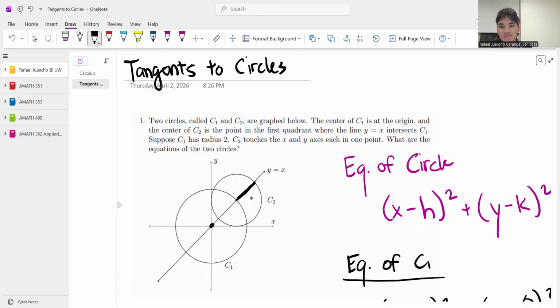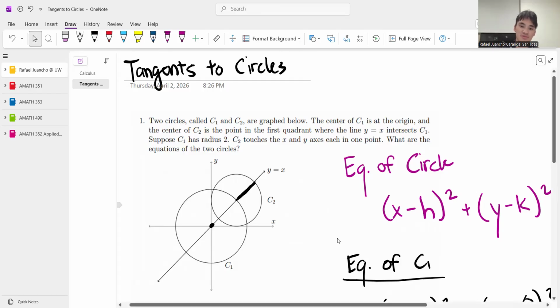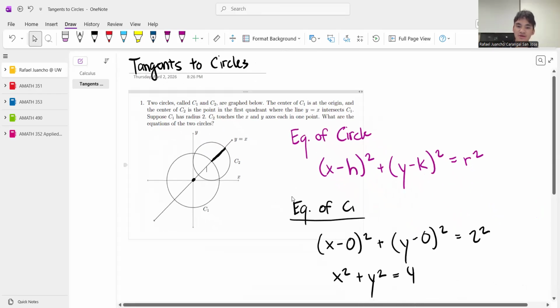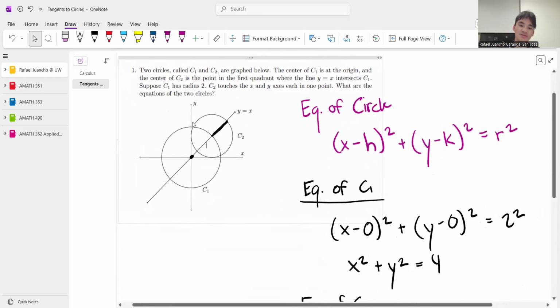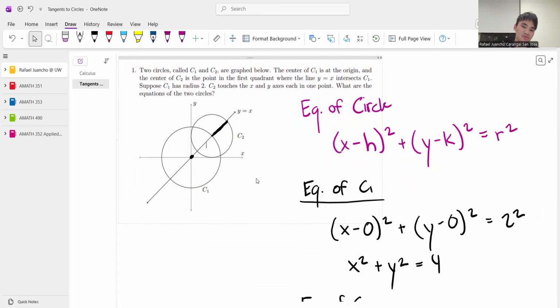Since C1 has a radius of 2, C2 touches the x and y axes each in one point. How do we find the radius of the circle C2? How would we do that? Let's think about it.